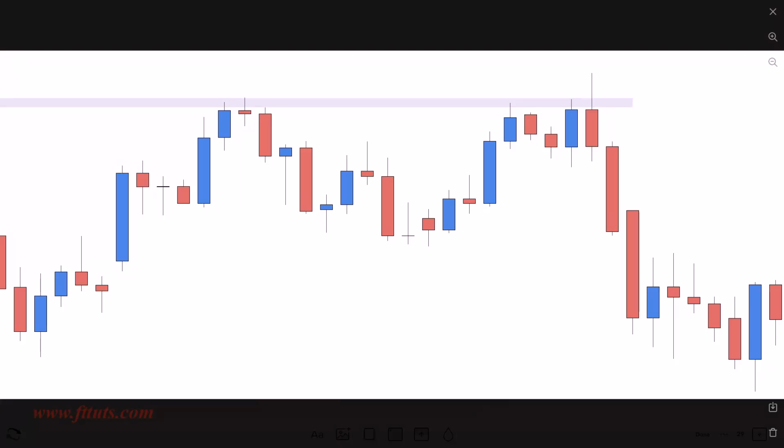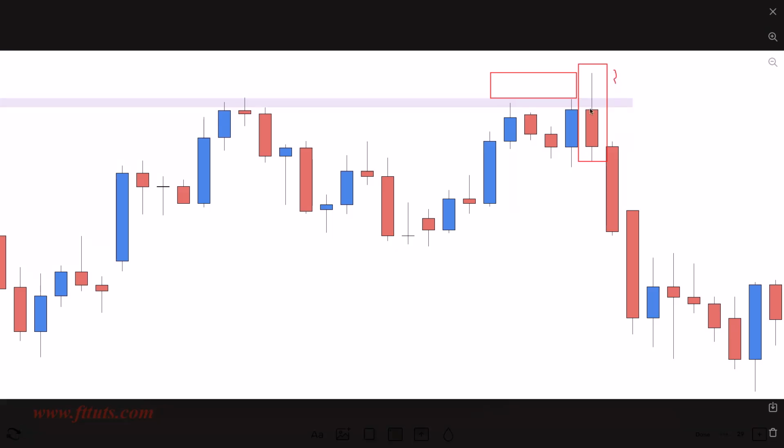Where are all the stop losses? All the stop losses are placed above the swing, and then we get our stop hunt pin bar type candlestick right there. Again, the question you always have to ask yourself is, who is taking profit?